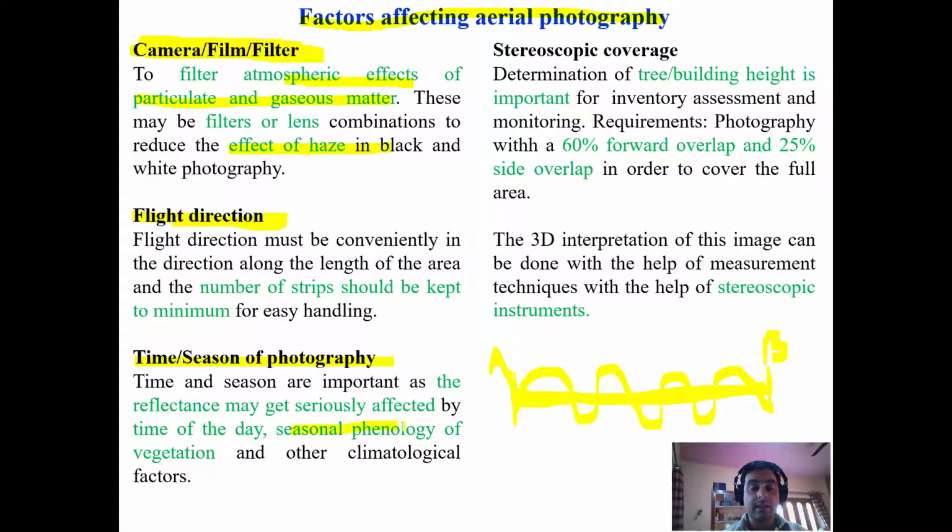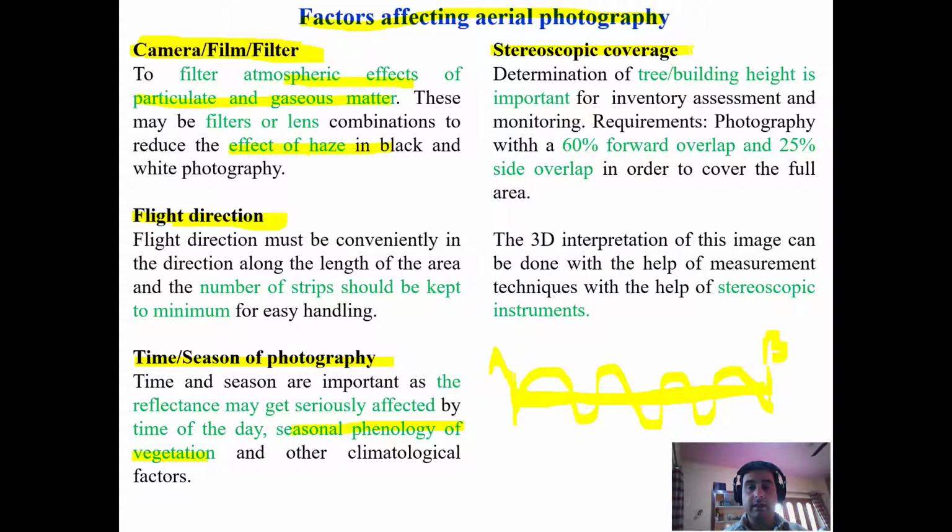And also the seasonal phenology of vegetation: if you take an aerial photograph of a place in winter when the trees are deciduous and leafless, the vegetation and the changing pattern of vegetation is difficult to distinguish. So in that case, seasonal phenology of vegetation is also important.